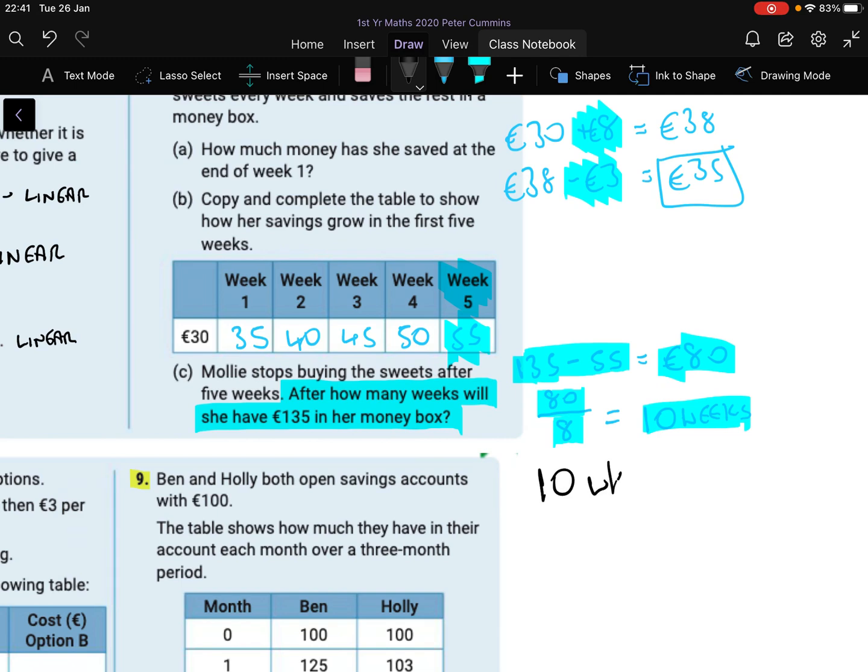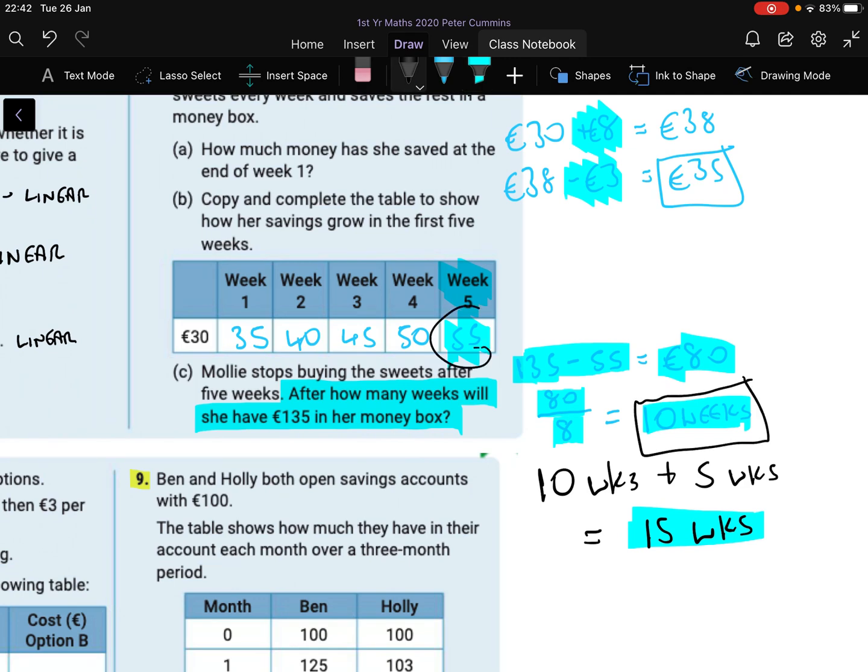So 10 weeks plus 5 weeks is going to take in total 15 weeks. Okay, so that's your actual answer. So the answer we worked out first, 10 weeks, is how long it's going to take her to go from 55 euros to 135 euros.